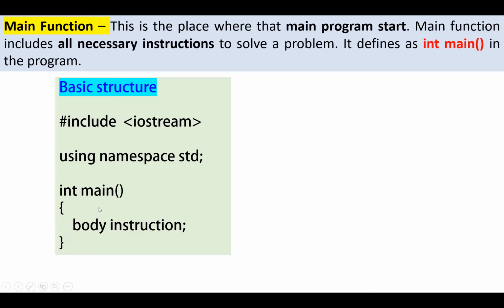To open the main program, use open curly bracket. Then give all the instructions necessary to solve the problem. Once you have given all the instructions, finally you have to close the curly bracket. This is the structure you have to follow when you are constructing a C++ program.